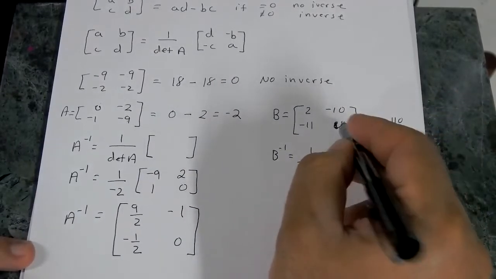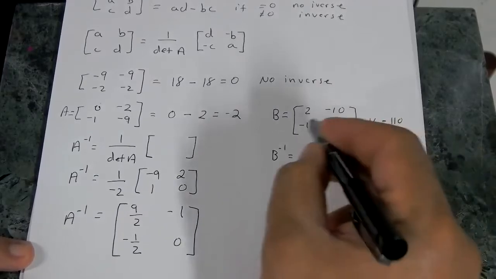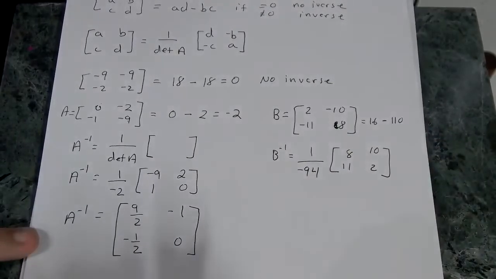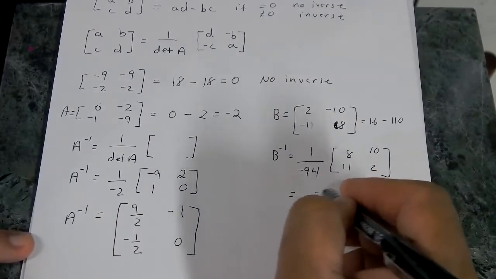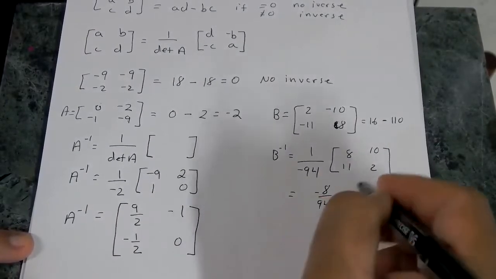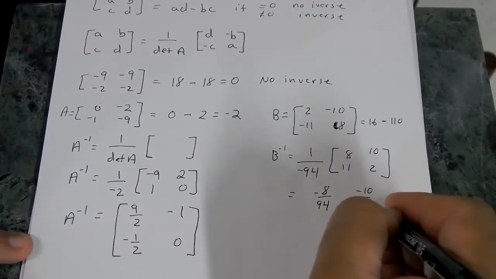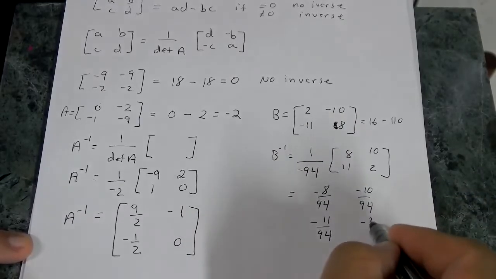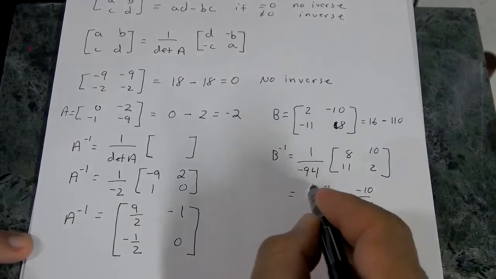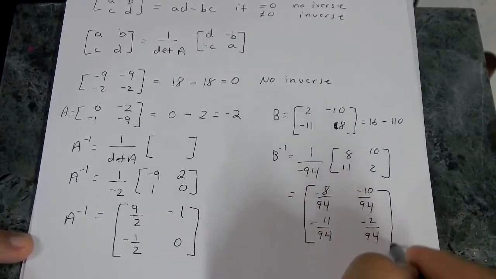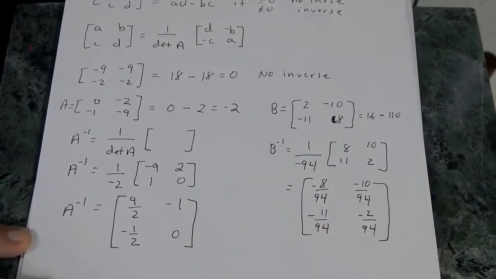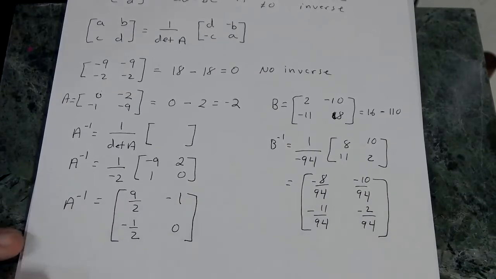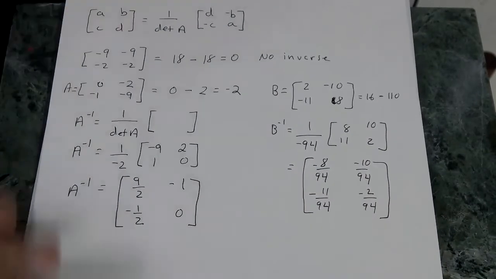Let's flip our main diagonal, so this is 8, 2. Take the opposite of those, 11 and 10. So I end up with negative 8/94, negative 10/94, negative 11/94, and negative 2/94. One thing we have to do is, if it's reducible, please reduce.